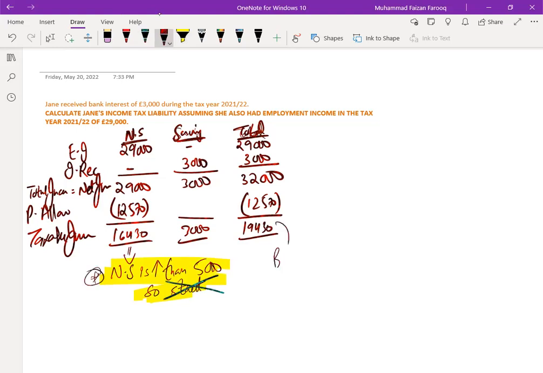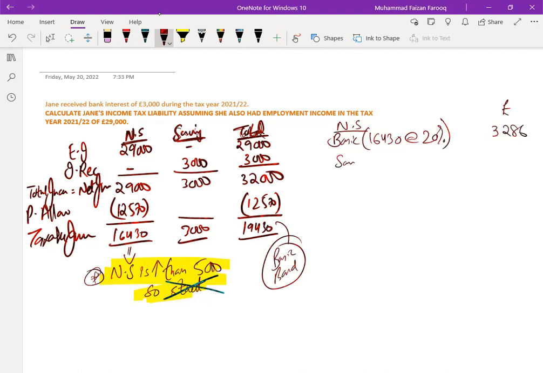But the guy is a basic band taxpayer because his income is below 37,700, right? Yes. Now, applying the tax, non-savings is in the basic band. So 16,430 at 20%, how much will it be? 3,286. Very good.